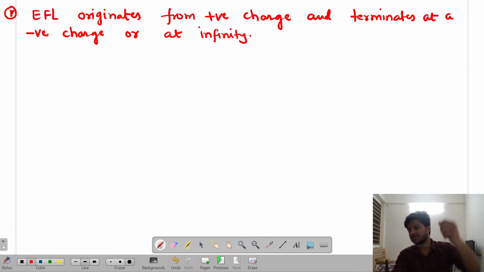Means अगर मान लो पॉजिटिव चार्ज के सामने नेगेटिव चार्ज नहीं, then these electric field lines will never ever converge over there. It will definitely end up where? It will end up at infinity. Is that clear or not?